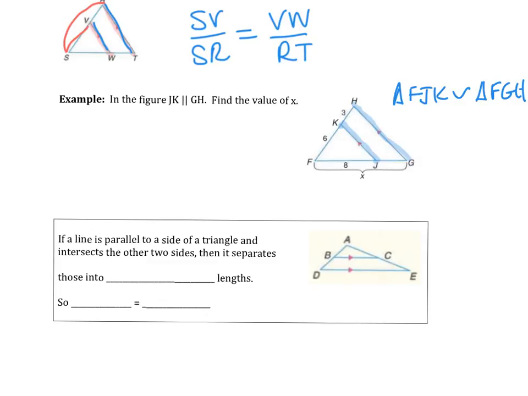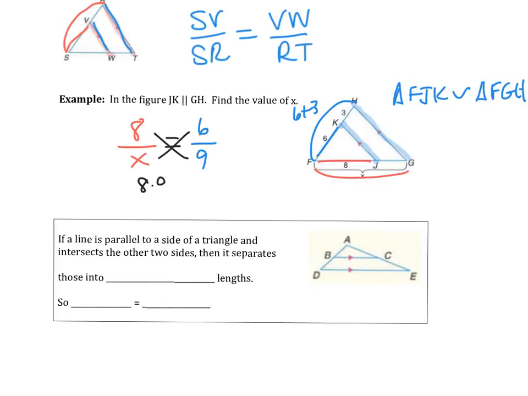All right, so go ahead and set up our proportions. So I'm going to go 8 over this whole side, which is X, is equal to, I'm going to go with this small side 6 over this whole side, which if I add 6 plus 3 would be equal to 9. Go ahead and do our cross products to solve.